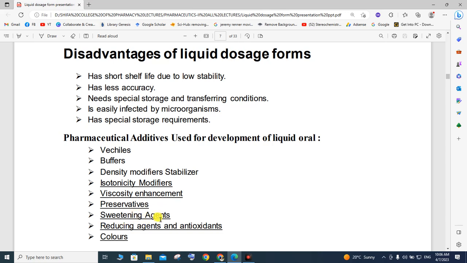Preservatives and sweetening agents are also used. These are the pharmaceutical additives, along with reducing agents, antioxidants, and colorants, which are used for different purposes.